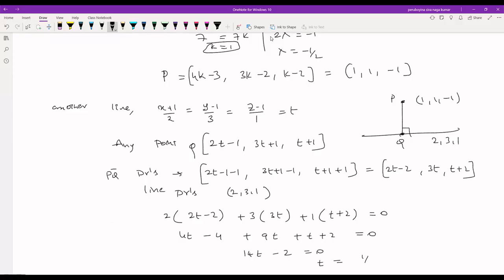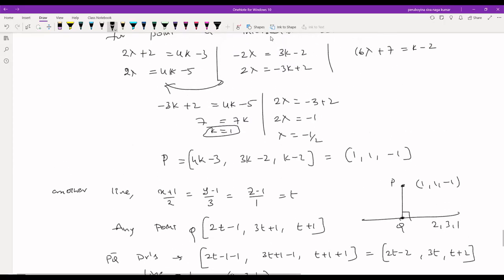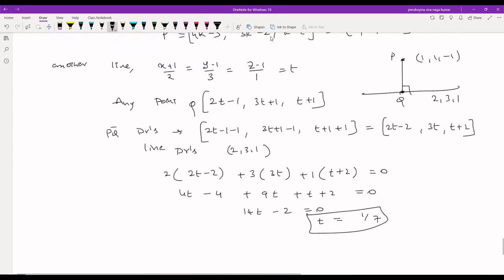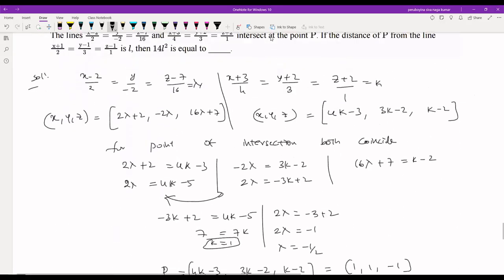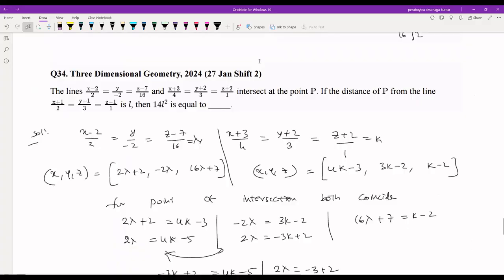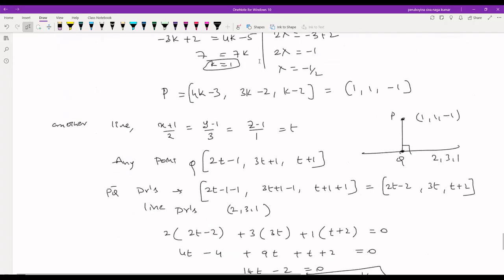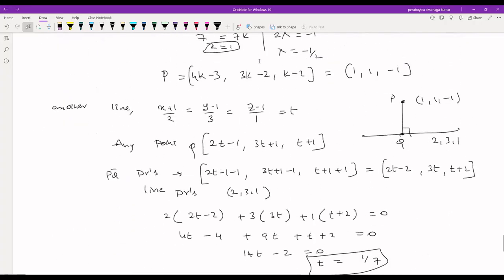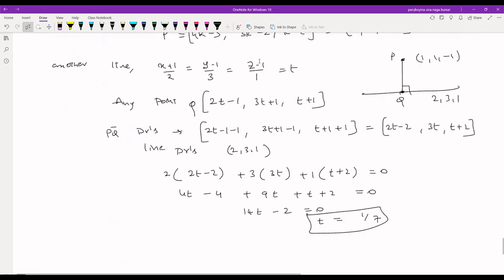Of course, t is equal to 1 by 7. So after getting the t value 1 by 7, and he is asking for the distance 14L square. Okay, calculate the PQ distance.